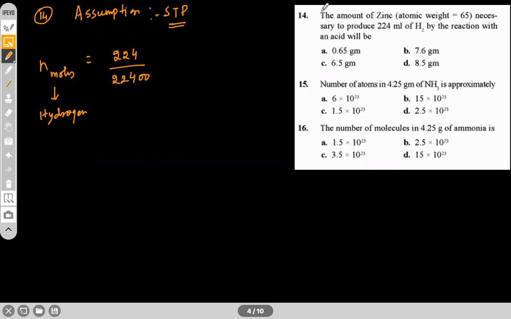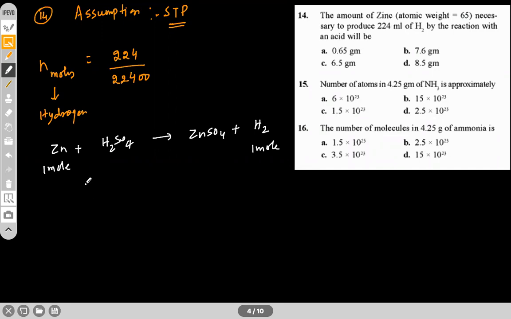When you look at the reaction, how this zinc produces H2 gas, the possible reaction is this: Zn plus H2SO4 gives ZnSO4 plus H2. So 1 mole of this gives 1 mole of H2. This means the number of moles of zinc and H2 will be equal in this case.